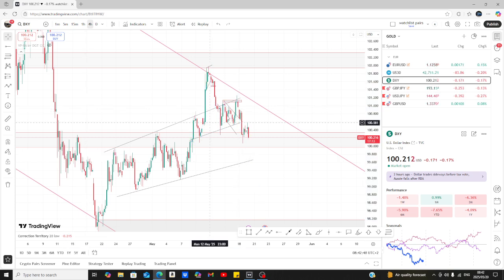We had a break of the neckline, and if you extend this, you can see this is some sort of retest of the broken structure, right? Very possible for price to retest this area right here. So definitely dollar looks to be bearish, so USD pairs, we expect them to rise in price.